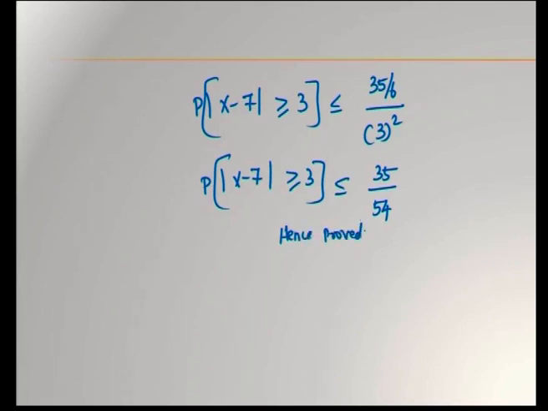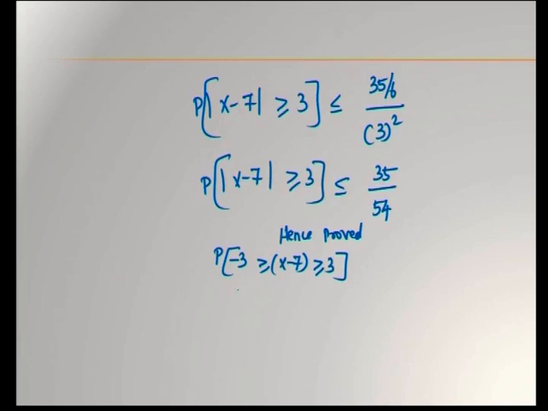What is the exact value? We are also asked to find out the corresponding actual probability. The actual probability says we have to convert this to actual probability. P of minus 3 less than or equal to x minus 7 less than or equal to 3 complement.